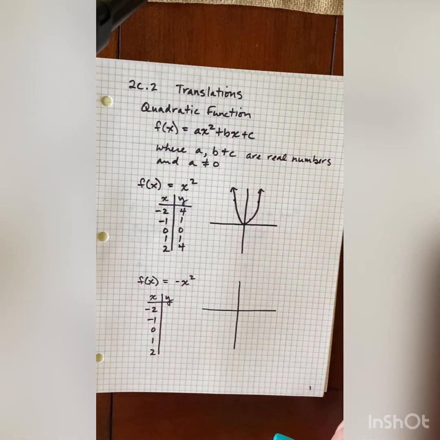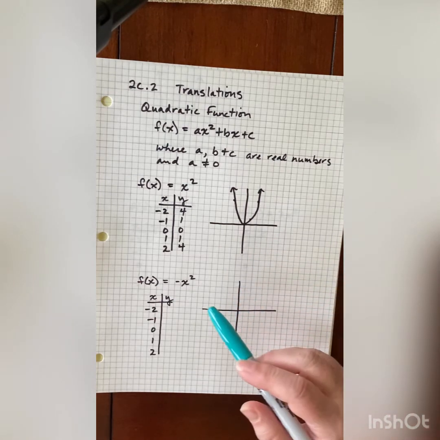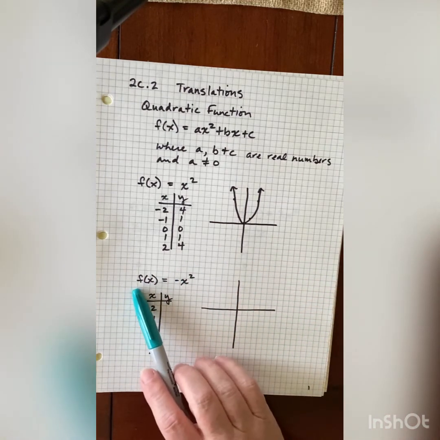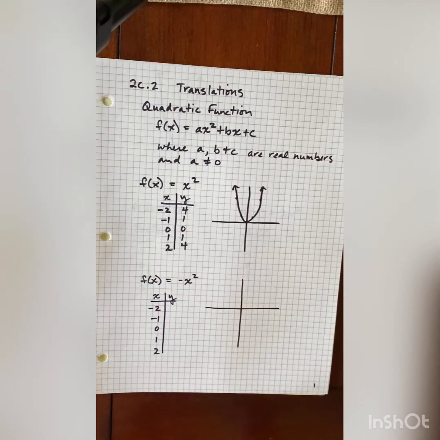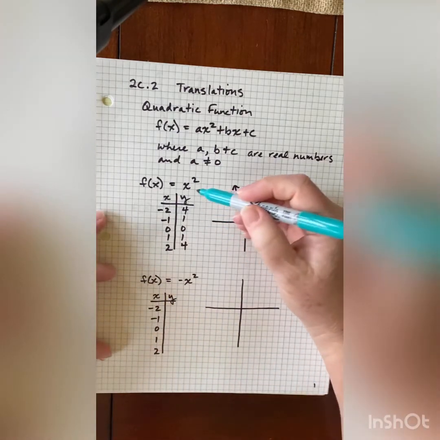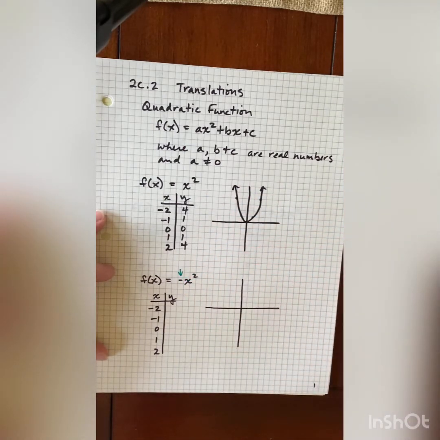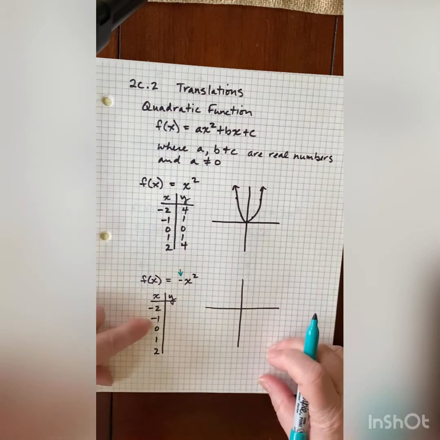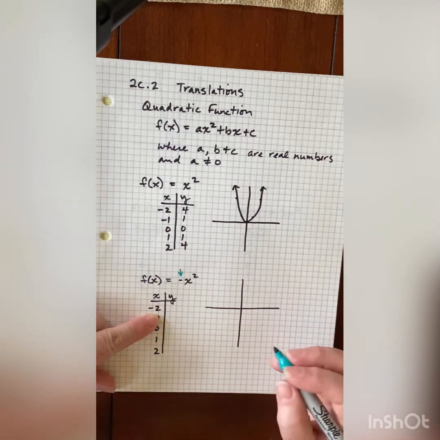Okay, so let's see here. So first one I want to do is f of x equals negative x squared. So the only difference between this one here and this one here is this negative sign right there. All right, so if I put a -2 in there, let's see what happens.